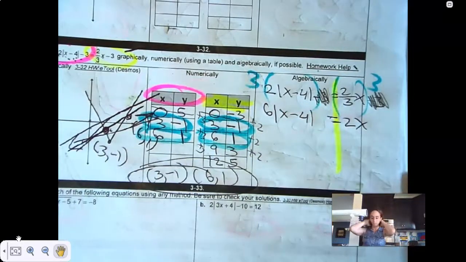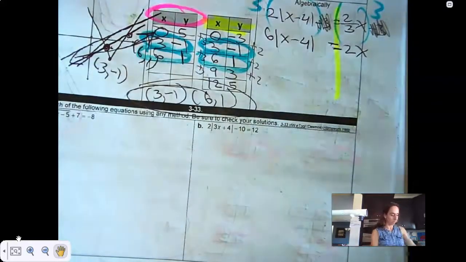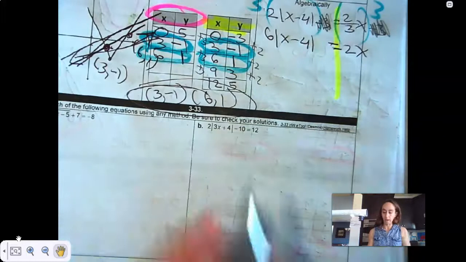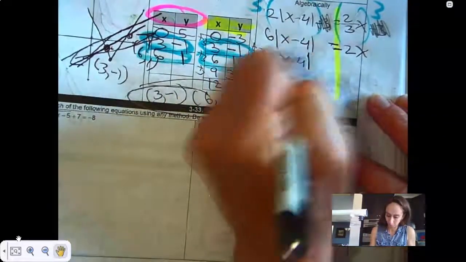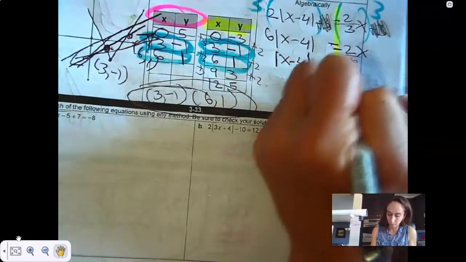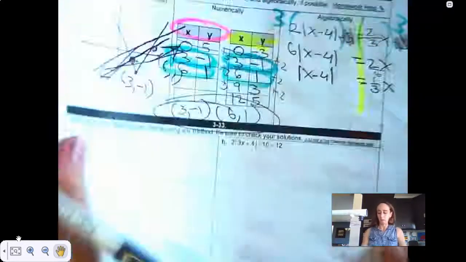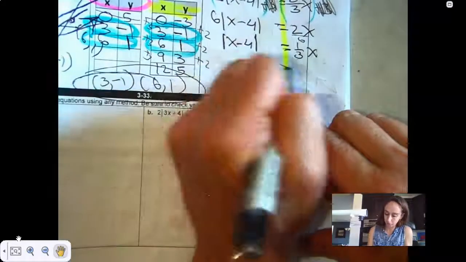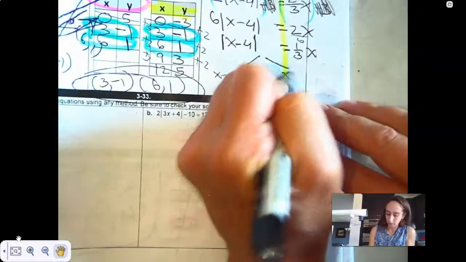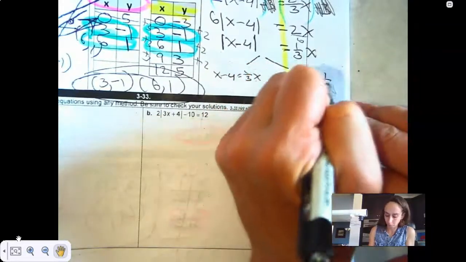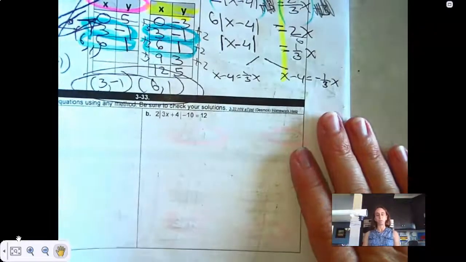Okay? And then this is a pretty complex one to solve, I'll be honest. And then I would divide by 6. Well, I get a fraction back. And when I divide by 6, that's 1/3 x. Okay? Now, I'm going to have two equations. X minus 4 equals 1/3 x. X minus 4 equals a negative 1/3 x. And dot, dot, dot, you end up getting the answers, okay?